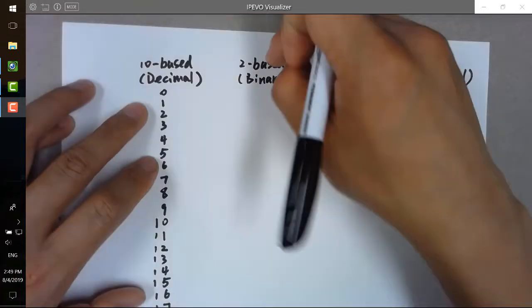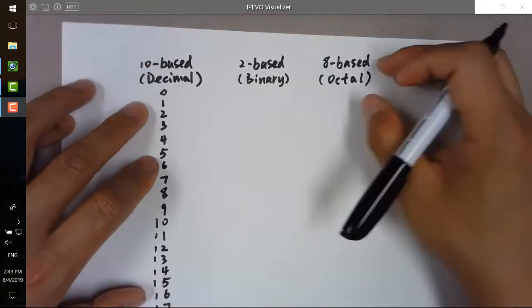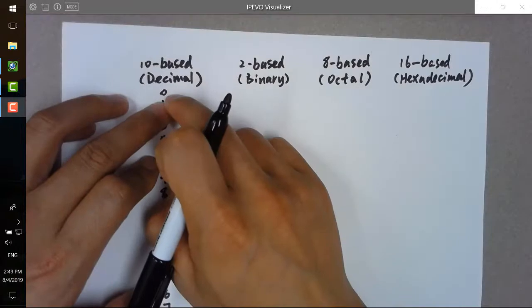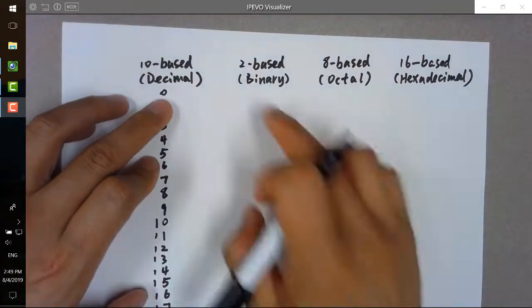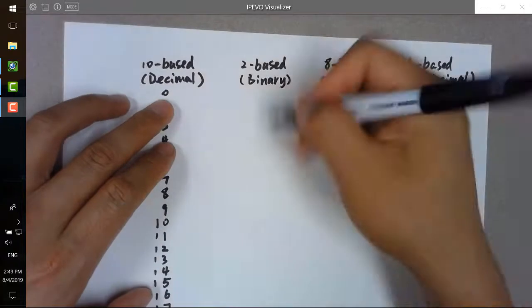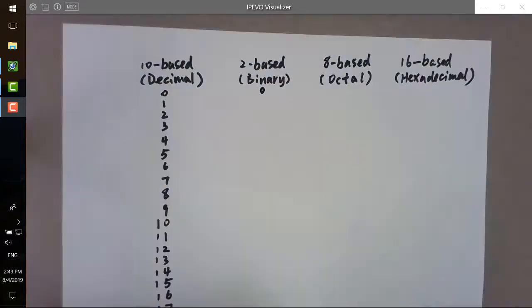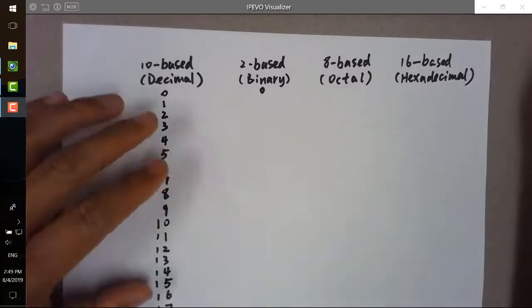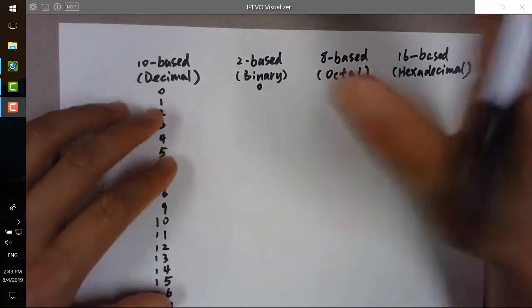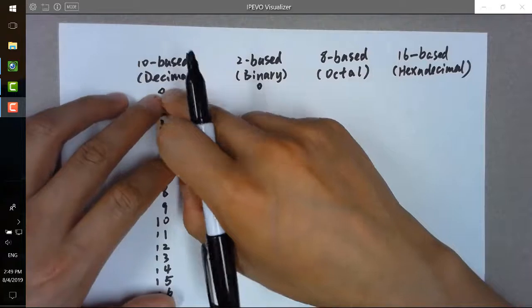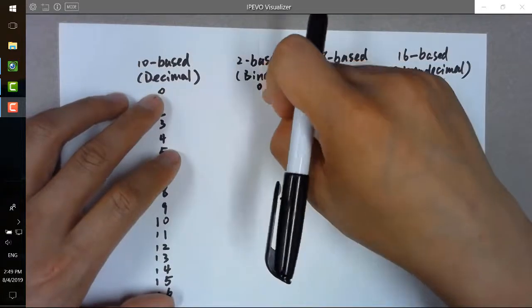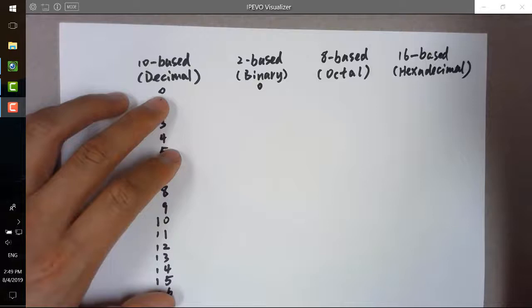Now I'm going to write down all these numbers in the binary version in this column. So 0 in binary is also 0, because 0 anywhere is going to be 0. It doesn't make sense to have something here and a 0 in the other number system.